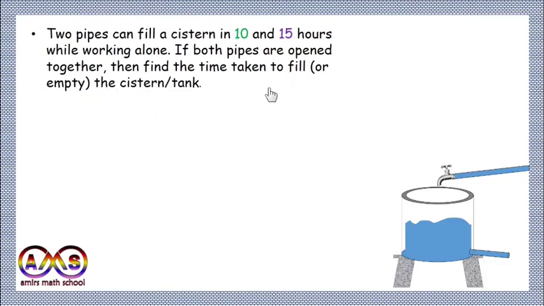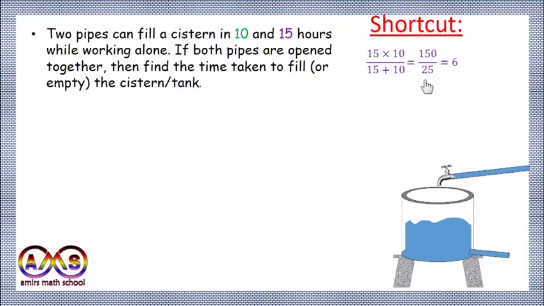For this type of problem, the shortcut is the multiplication of these two numbers, that is the required time for first pipe and the required time for the second pipe: 15 into 10 divided by 15 plus 10. So the result is 150 divided by 25, which is equal to 6. So if we know the shortcut rules, we can easily solve this type of problem within few seconds.